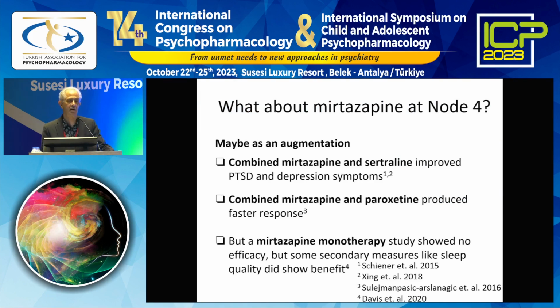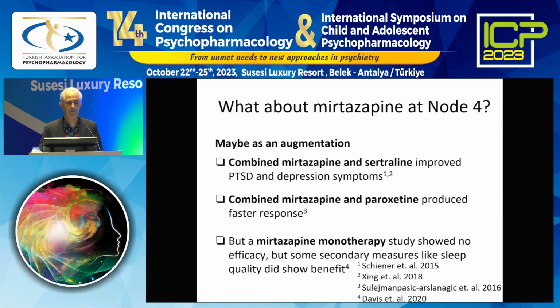Now, you might wonder, how come we didn't mention mirtazapine so far at this node? It could work as an augmentation of your SSRI. We have 2 studies of that. They added mirtazapine to sertraline with some improvement in one study, and they added it to paroxetine in another study, which is convenient.